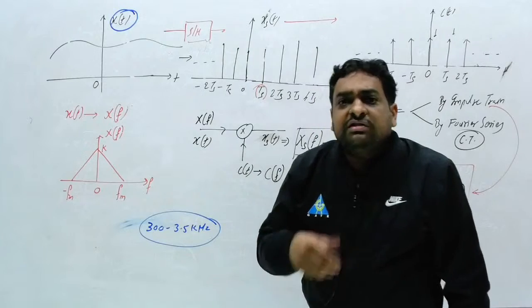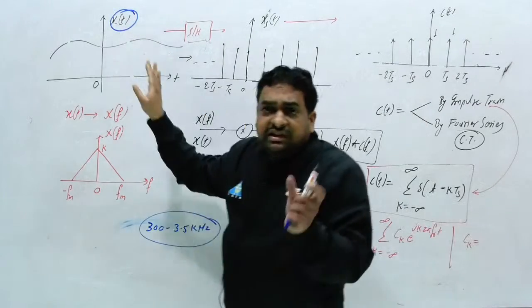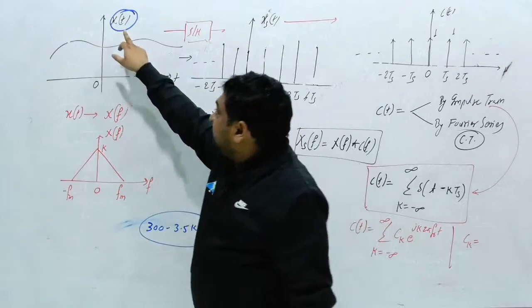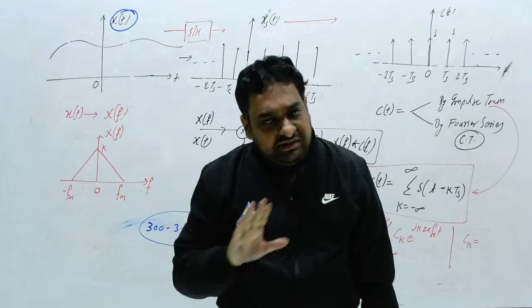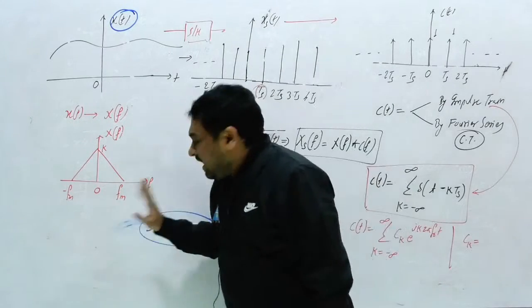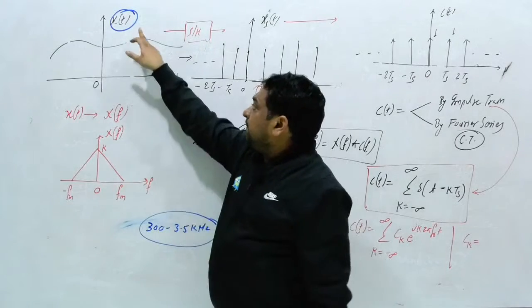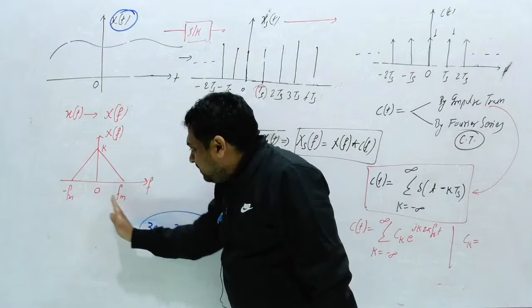Suppose I don't know about this signal. I just assume this x(t) signal frequency can start from zero and can end at fm, and the frequency of x(t) can be any value between 0 and fm.